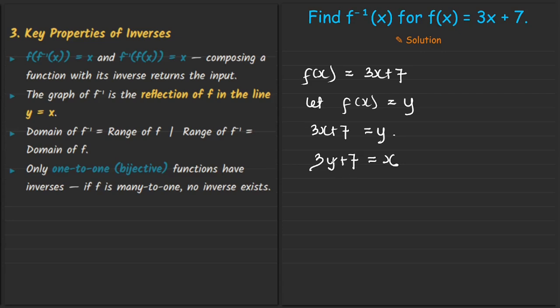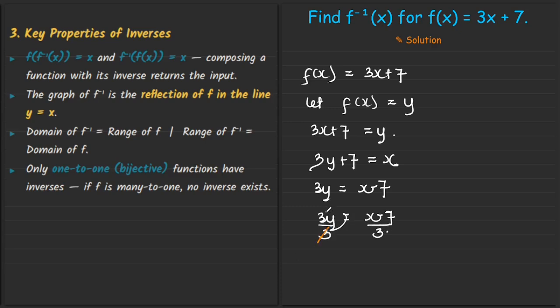Solving for y simply means you make y the subject. So making y the subject, we have 3y being equal to x minus 7. That is moving the 7 to the right hand side. And with that, we can divide both sides by 3.